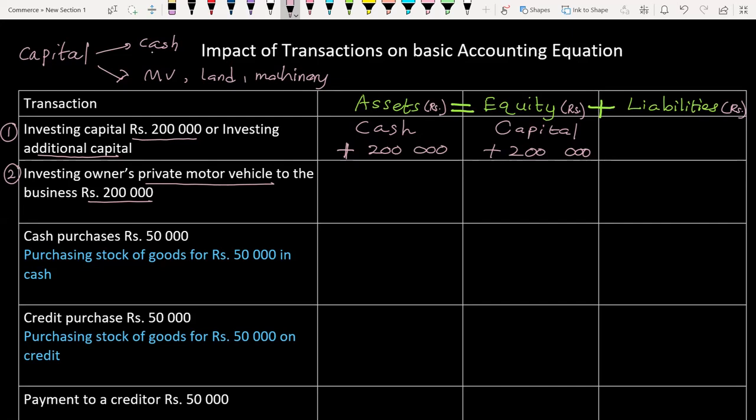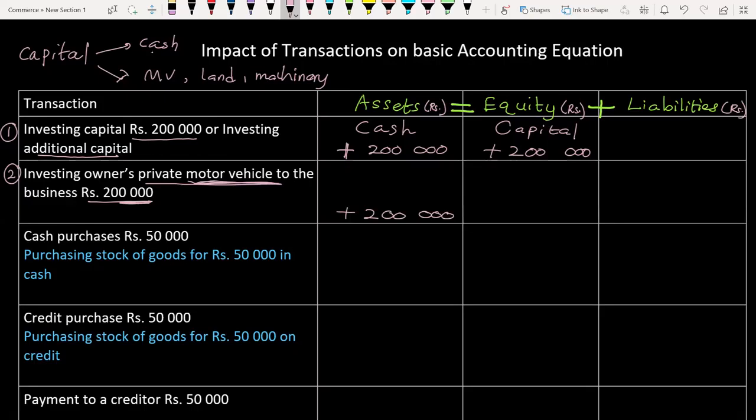So here it is the owner's private motor vehicle. So what happens to assets? Motor vehicle is an asset. So the value of motor vehicles in the business will increase by 200,000. So once again, assets increase by 200,000.